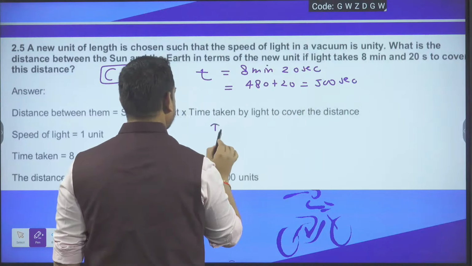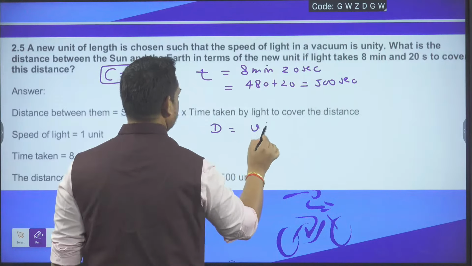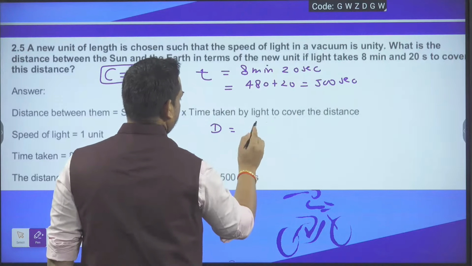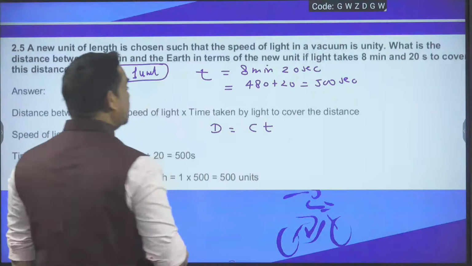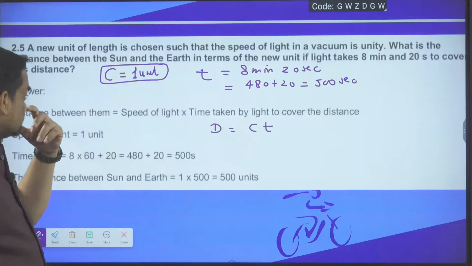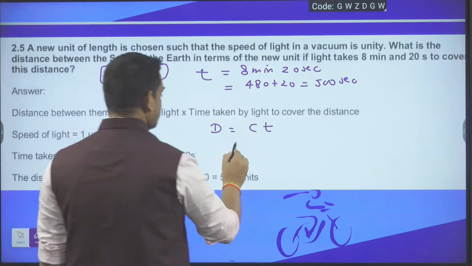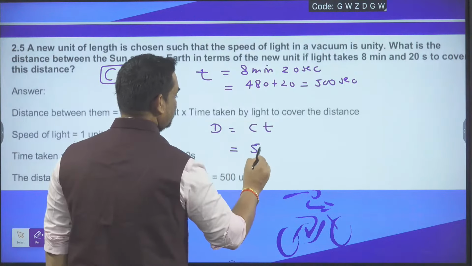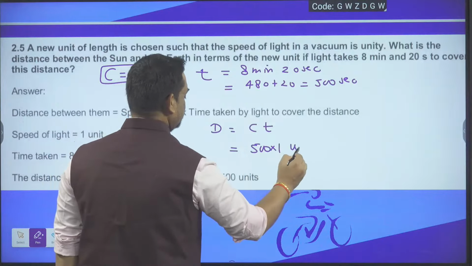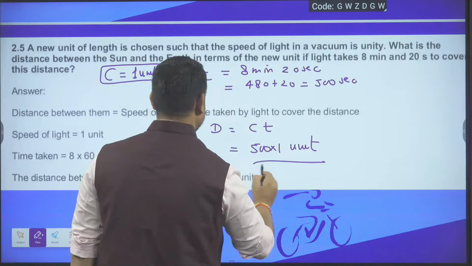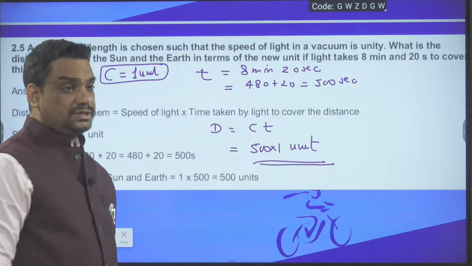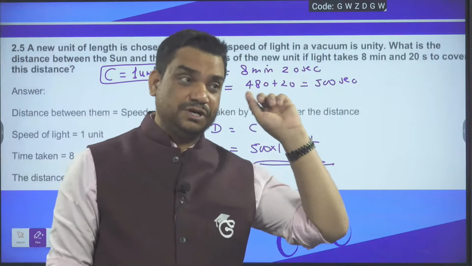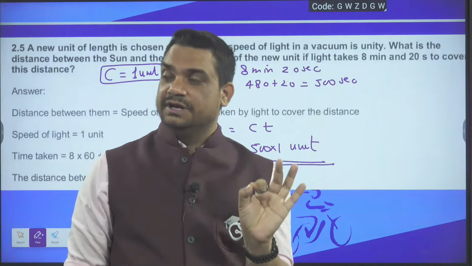We have to find the distance. Distance is always velocity into time, so c into t. But c is just 1 unit, so 500 into 1 unit, which becomes 500 units.